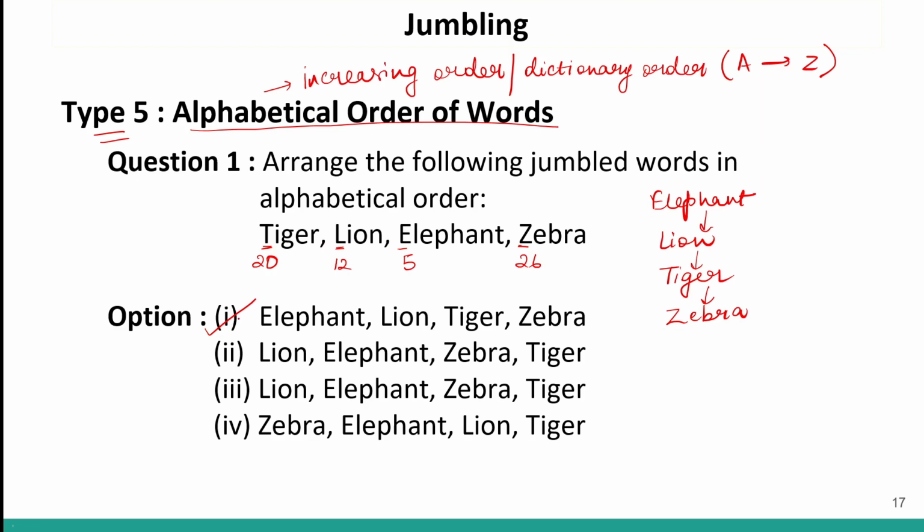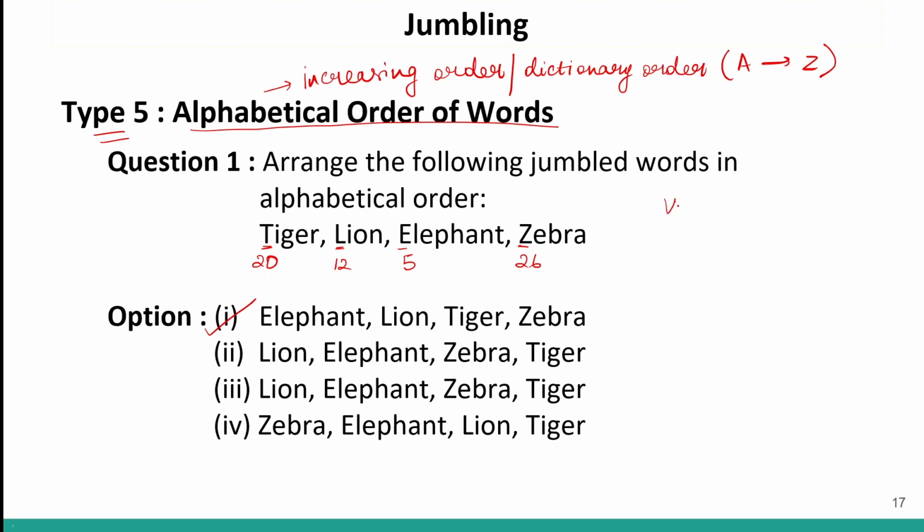Now, another thing. Let us say we are given words like these. I gave you the example of a teacher maintaining an attendance register. In an attendance register, we put names in dictionary order, right? So let's say we have 5 students.